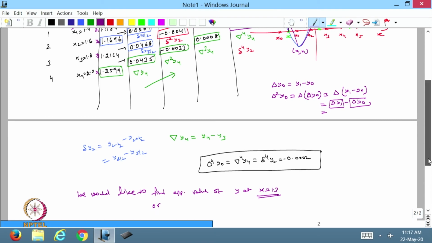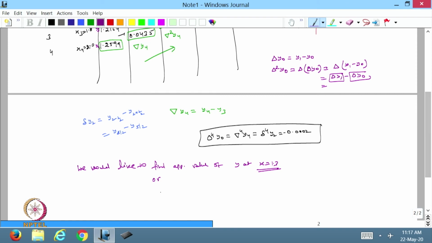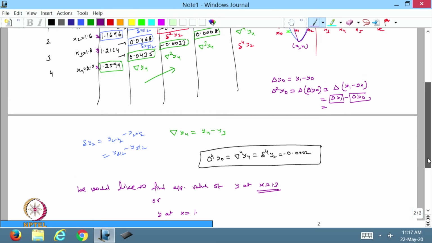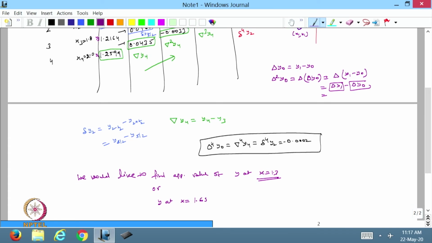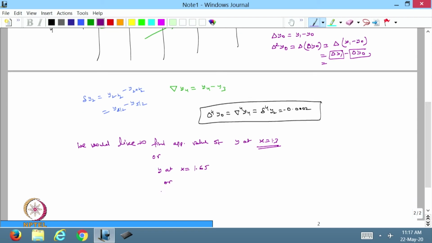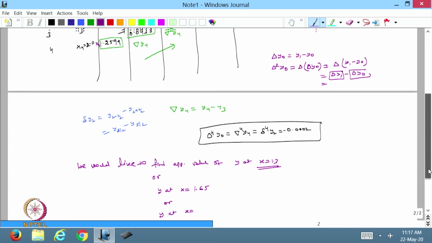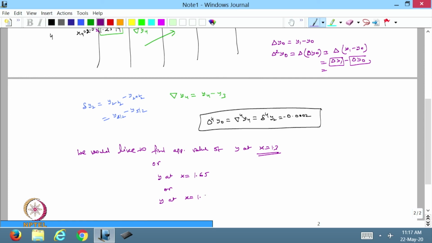In other words, I want to find the value of y at maybe 1.65, or I want to find the value of y at x equal to 1.97. So, I want to approximate the values at these different values of x.